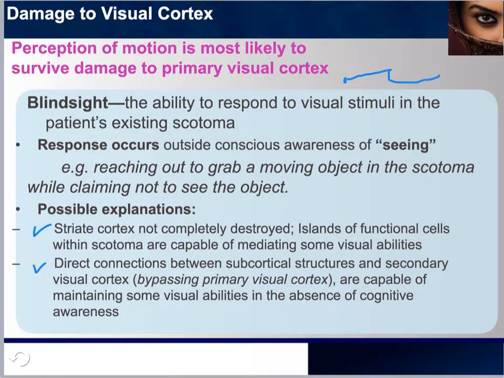Well, the second theory would basically state that instead of moving from the LGN and going to the striate cortex, it would go from here, swing around, and then move up directly to secondary visual cortex, thereby bypassing the first component, which would be the primary cortex here, and going over here where we would be able to maintain some visual abilities in the absence of cognitive awareness. You're not able to see it, but you're still able to make some type of response to this in here.